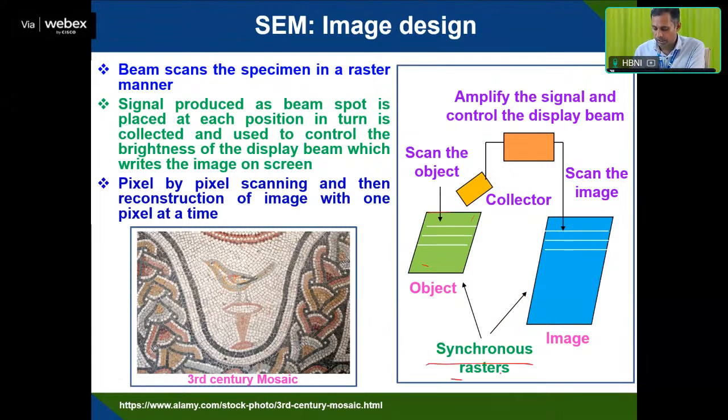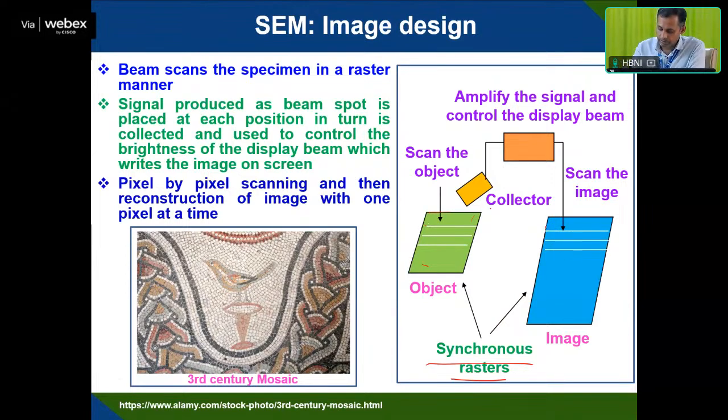You have a synchronous raster, which helps in scanning the top surface. The signal produced as the beam spot is placed at each position is in turn collected and used to control the brightness of the display beam, which writes the image on the screen. So it scans pixel by pixel, and then transfers it to the display, and the image is here.